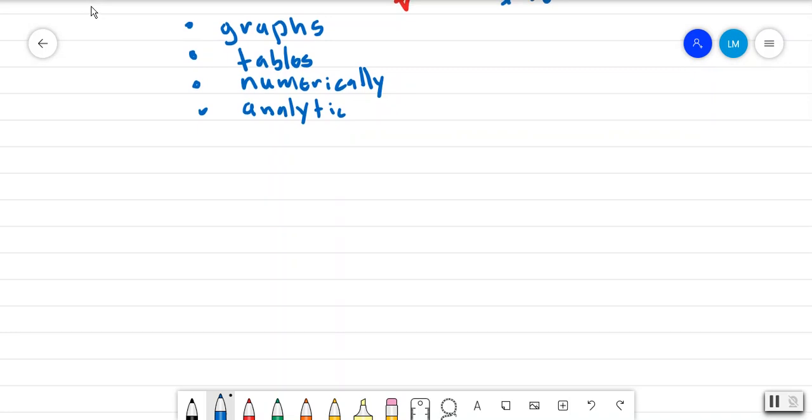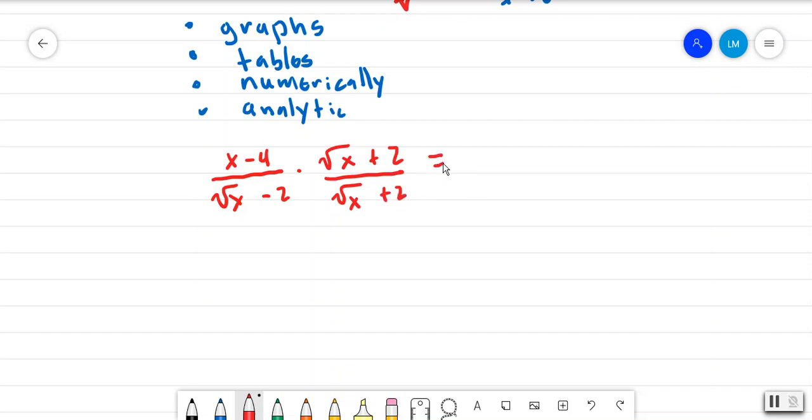Like whenever we looked at, say for example, x minus 4 divided by the square root of x minus 2, you could have just multiplied by root x plus 2 divided by root x plus 2. That would have given you x minus 4 multiplied by root x plus 2, because the bottom becomes x minus 4 when you multiply it, but they cancel out.